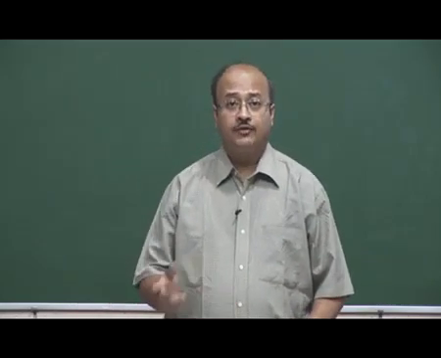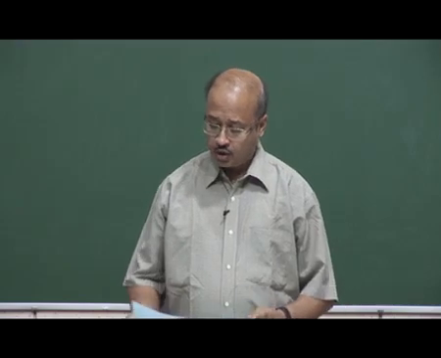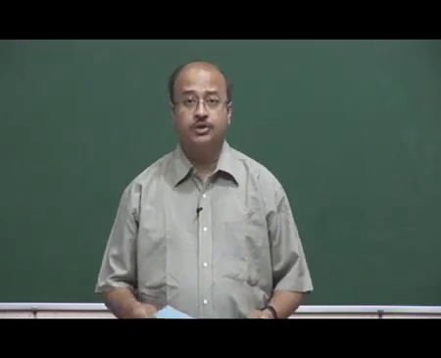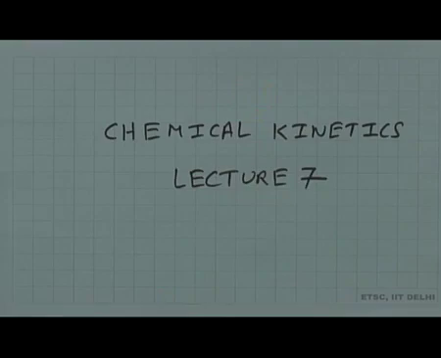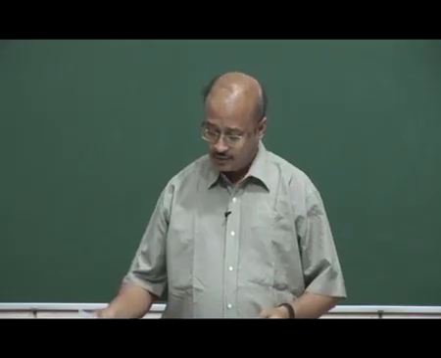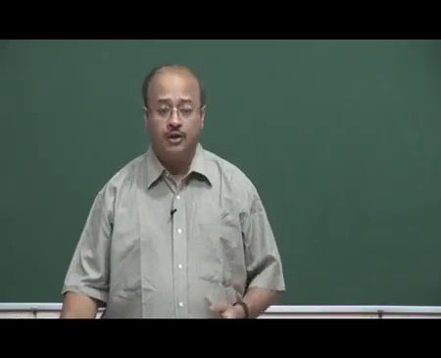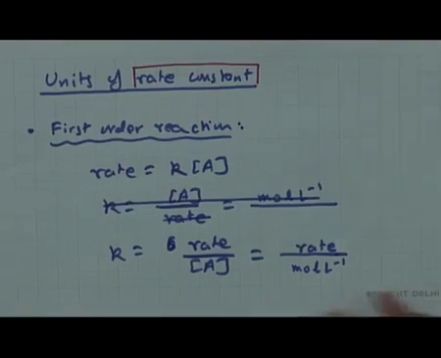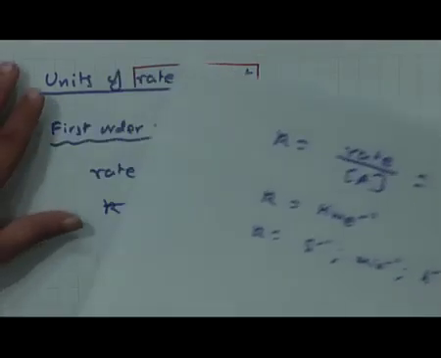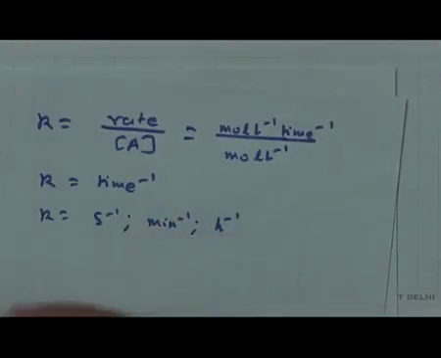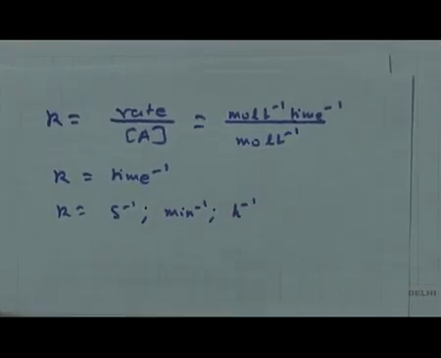Just where we left off yesterday, this would be lecture number 7, and in the last part of lecture number 6 we were talking about the units of rate constant. For a first order reaction we found that the unit of rate constant would be the inverse of time, either inverse second, minutes, or hours.